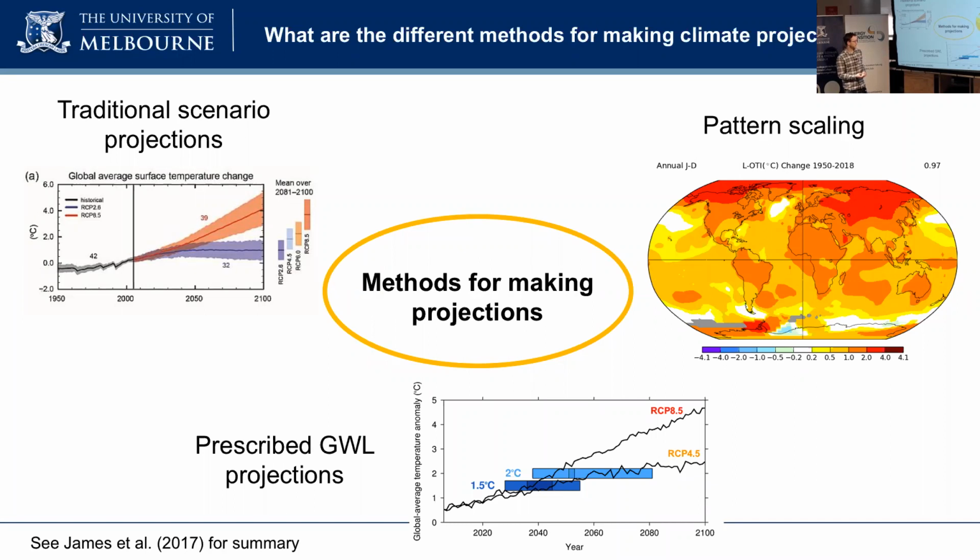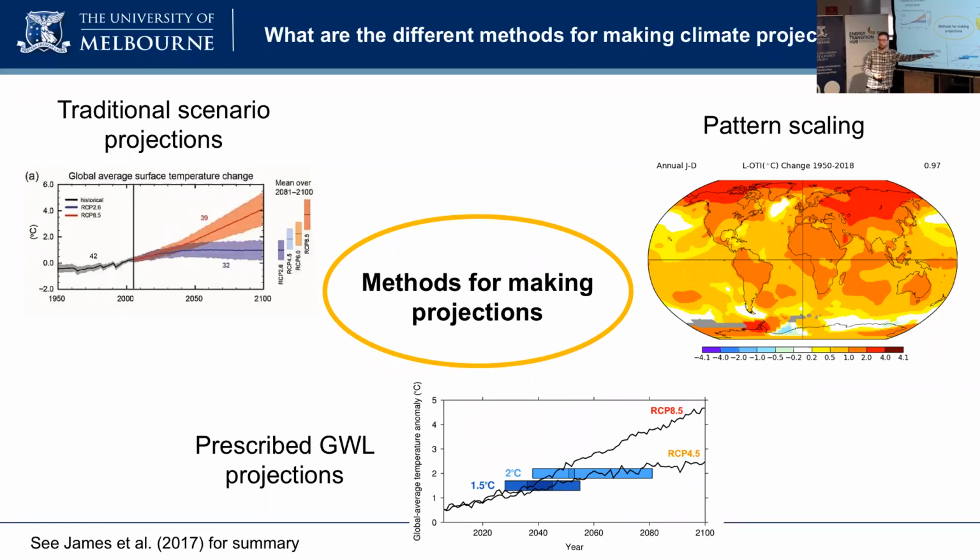And then there are other methods like time slicing. So this is where we try and prescribe specific global warming levels. So we take these scenarios that are produced with these global climate models in CMIP5, for example, and we pick out periods which fit into different global warming levels, like 1.5 degrees or 2 degrees.